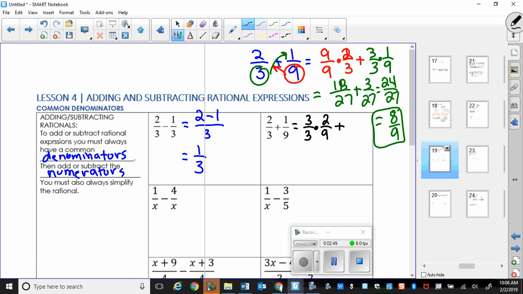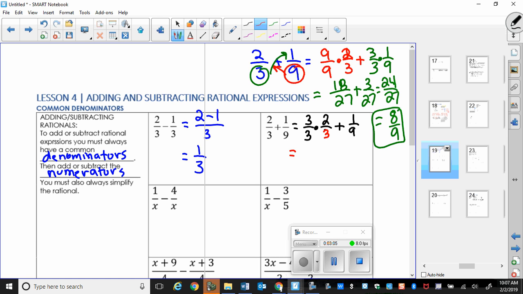So over here, I don't have to do anything. Sorry, I made a little bit of a mistake here. That should be 2 over 3. You'll see what I mean in just a moment.